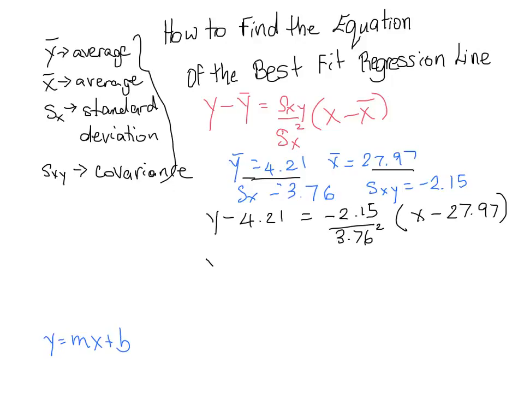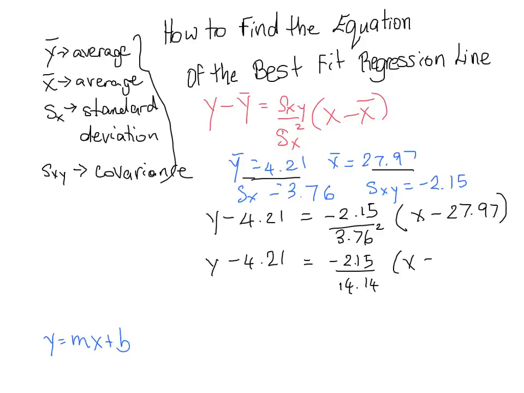So we have y minus 4.21, I'm not changing anything there yet, equals negative 2.15, nothing there is changed, and now I'm going to square that 3.76. And when I square that 3.76, I get 14.14 approximately. Oh, and we're just going to keep everything else the same.